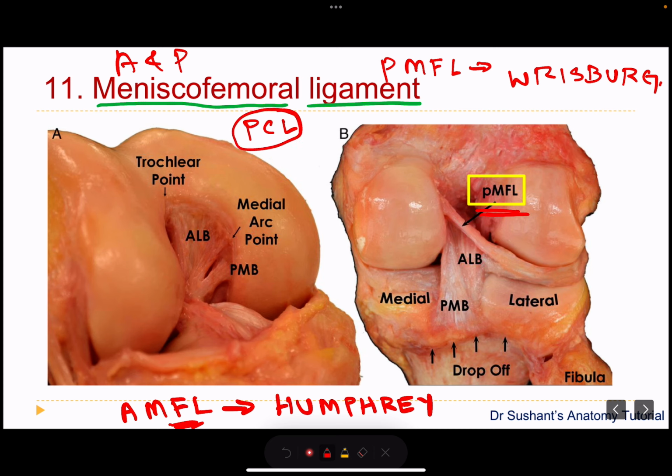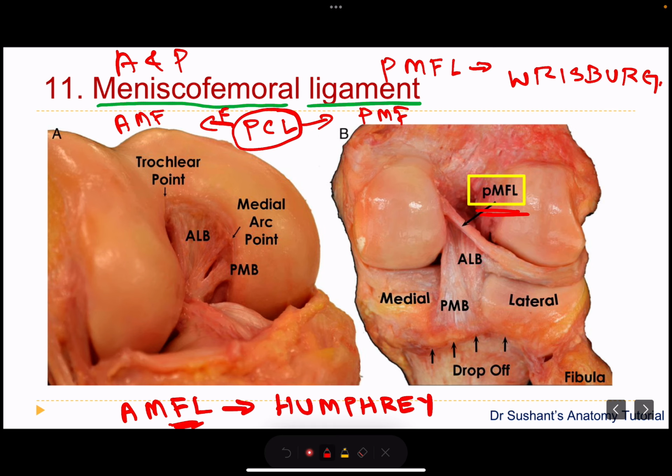The one that passes in front of the posterior cruciate ligament is the anterior meniscofemoral, and the one that passes behind the posterior cruciate ligament is the posterior meniscofemoral ligament. What they do basically is regulate the forward movement of the lateral meniscus during extension.